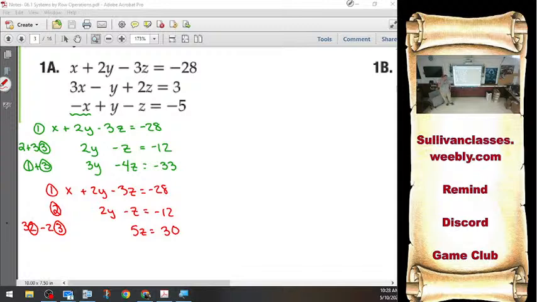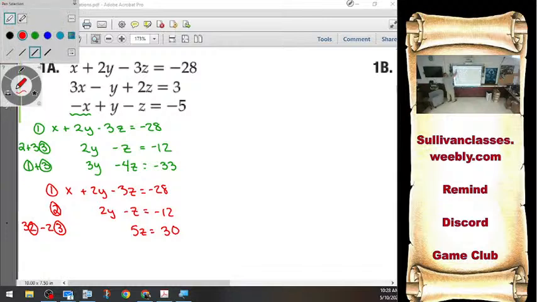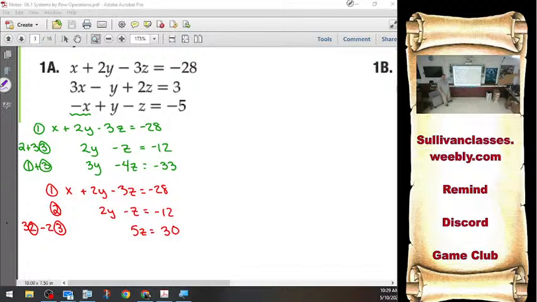Option 3. Nah, I ain't got the steam for that right now. So let's do a shortstop instead. Shortstop says instead of going from here to here to here, done. Well, almost done. You get z is 6 and work your way back up.